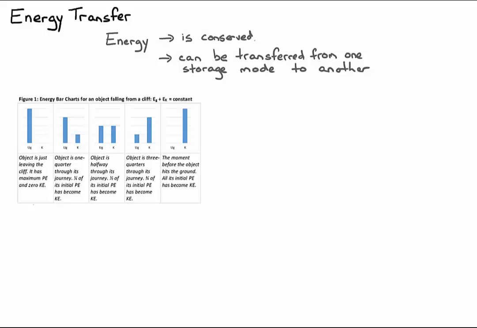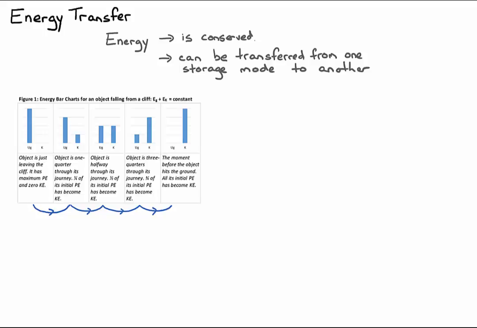But what's really important here is that in every single one of these time steps, the sum of the potential and the kinetic energy is constant. And so I've just drawn that time step from one to the other.